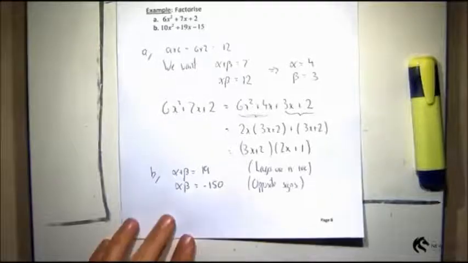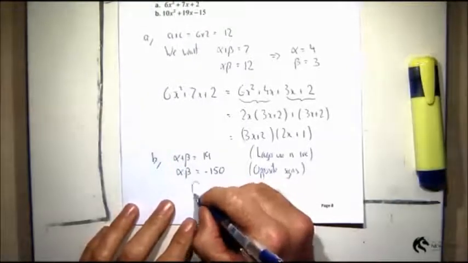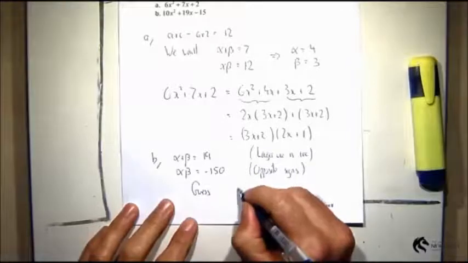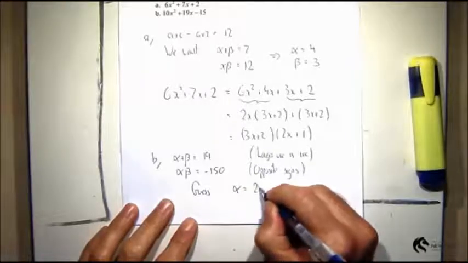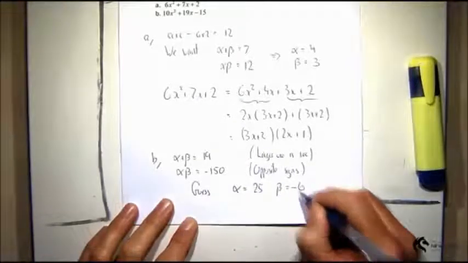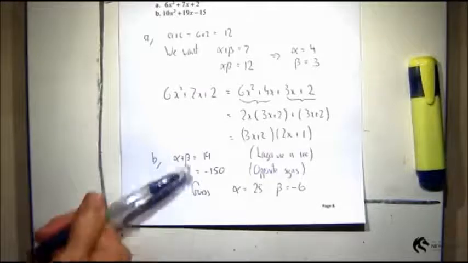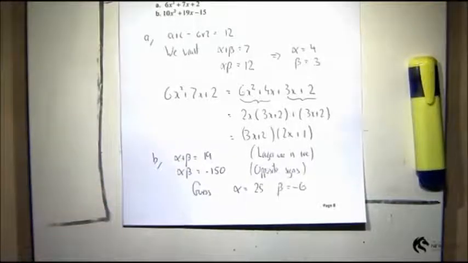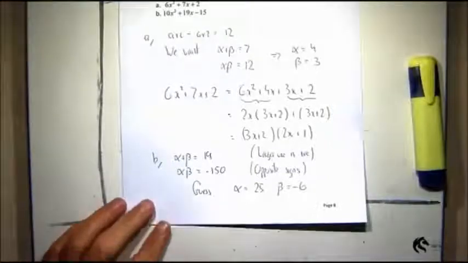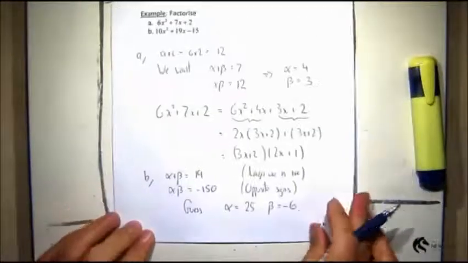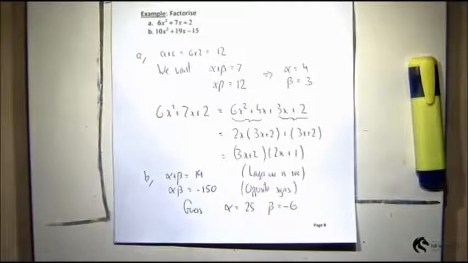So in here, just by trial and error, or by guessing, I can see that alpha will have to be 25 and beta will have to be minus 6. Yes, it took me a while to get from there to there. But that's what we do. It's not immediately obvious that that's going to work, so let me do it.